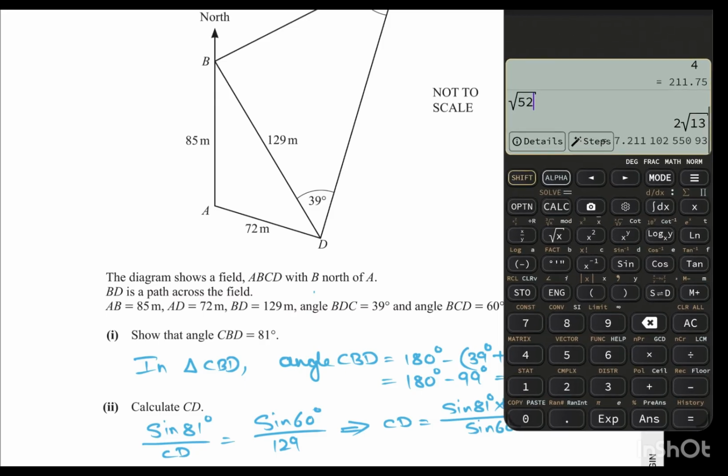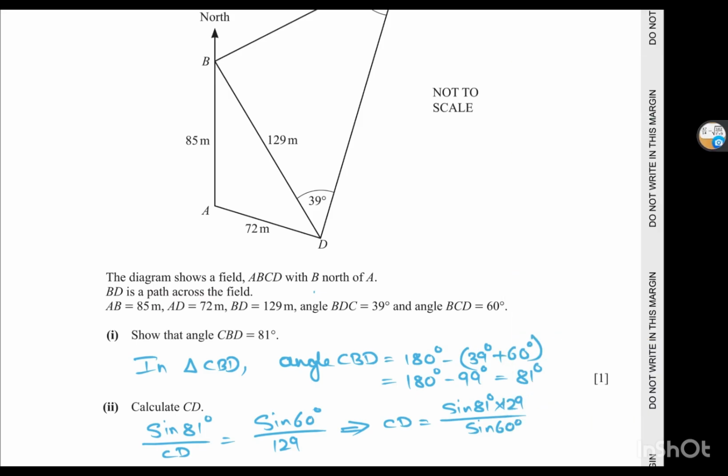Let's find out. Sine 81 into 129 by sine 60 is equal to 147.122 meters.